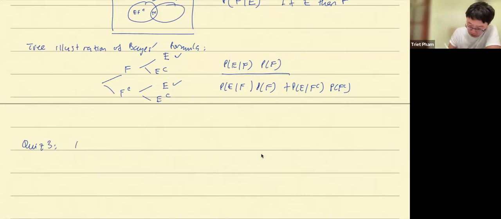An urn contains 2 type A coins and 1 type B coin.